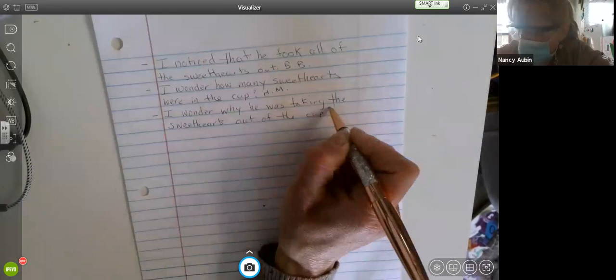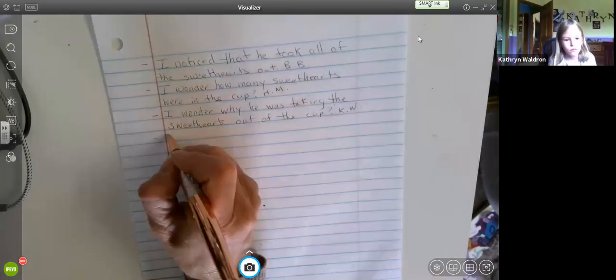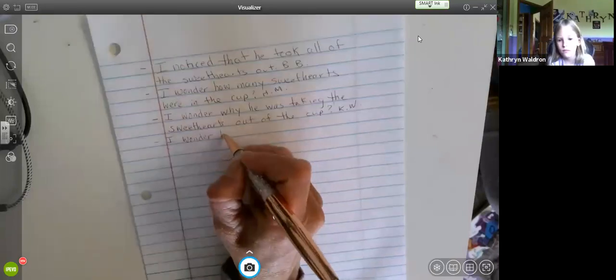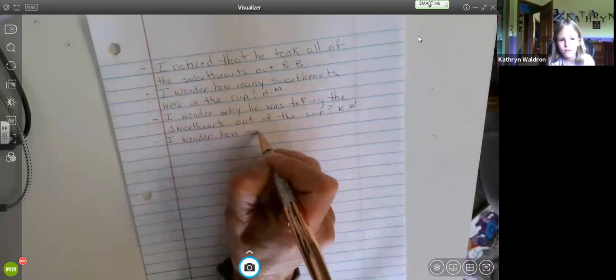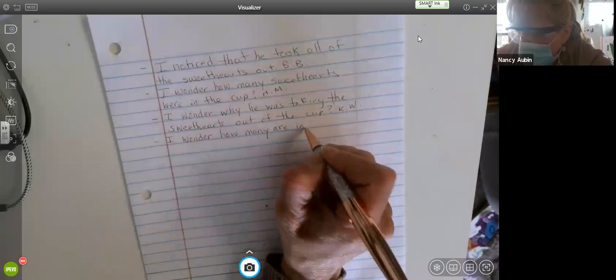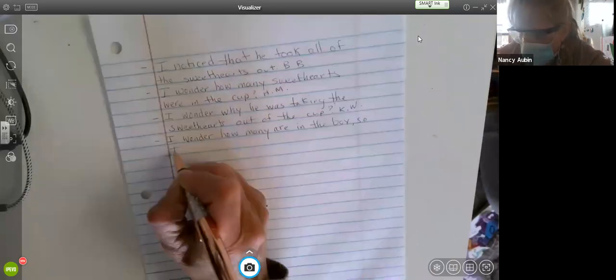Lennox? I wonder how many are in the box so I can count how many are in the glass cup. I wonder how many are in the box so I can figure out how many are in the glass cup.